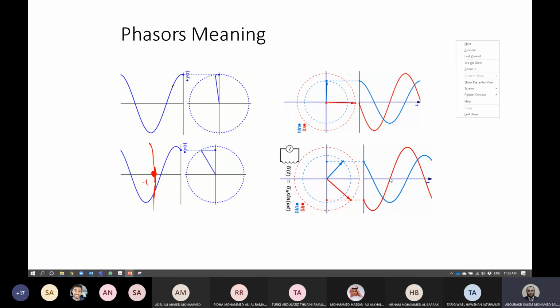So V here is in red color, and I is in blue color, and it's lagging by 90 degrees because it's now considered a pure inductance. And you know, the normal direction of rotation is counterclockwise. So this is now the way of rotation of our vectors.